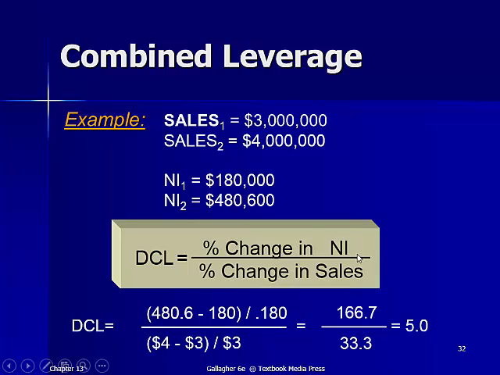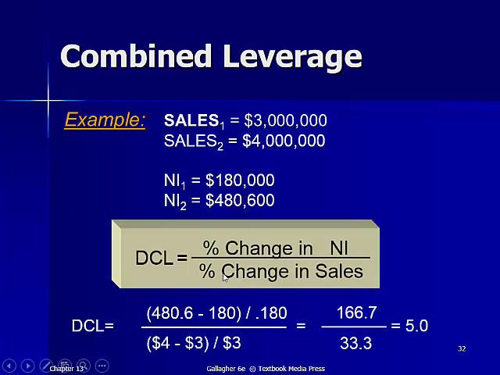Now, I want to emphasize that all these leverage numbers that we're computing, degree of operating leverage, degree of financial leverage, degree of combined leverage, they work in both directions. That is, the percent change in your sales could be positive, meaning your sales are going up, in which case your net income would go up by 5 times the percentage.